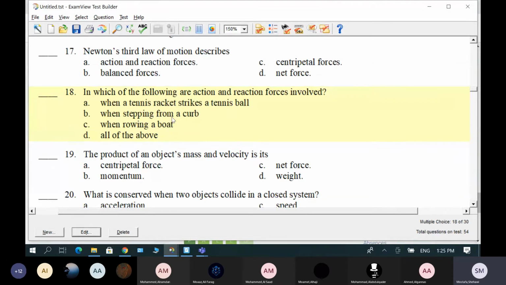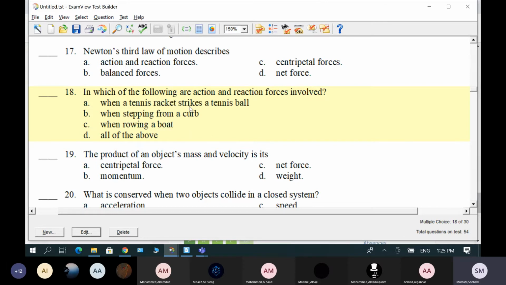When you walk, the ground pushes you forward and you push the ground backward. When you row a boat, the paddle acts on the water backward and the water acts on it forward. So all of these are examples of action reaction force.